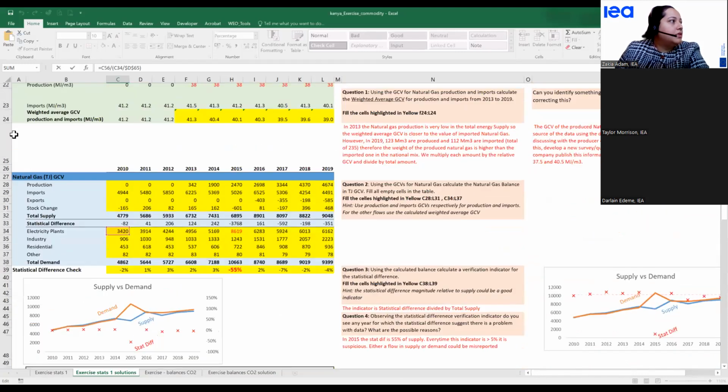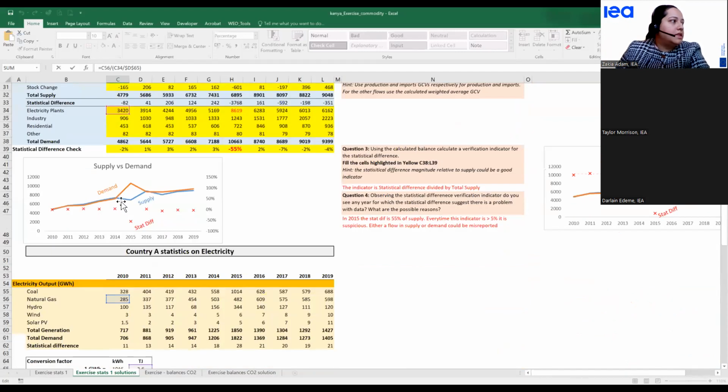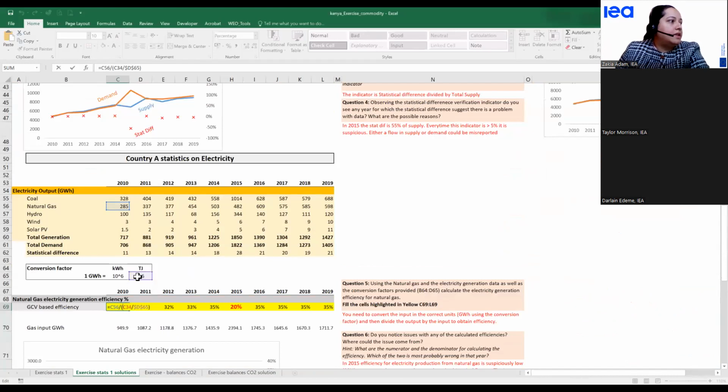So how much of your natural gas goes to electricity plants? So you divide it by 3,420, but this is in terajoule, and you want everything in the same unit. So then you divide it by 3.6 to have everything in gigawatt. And so you calculate both in the same unit, and you get 30%.